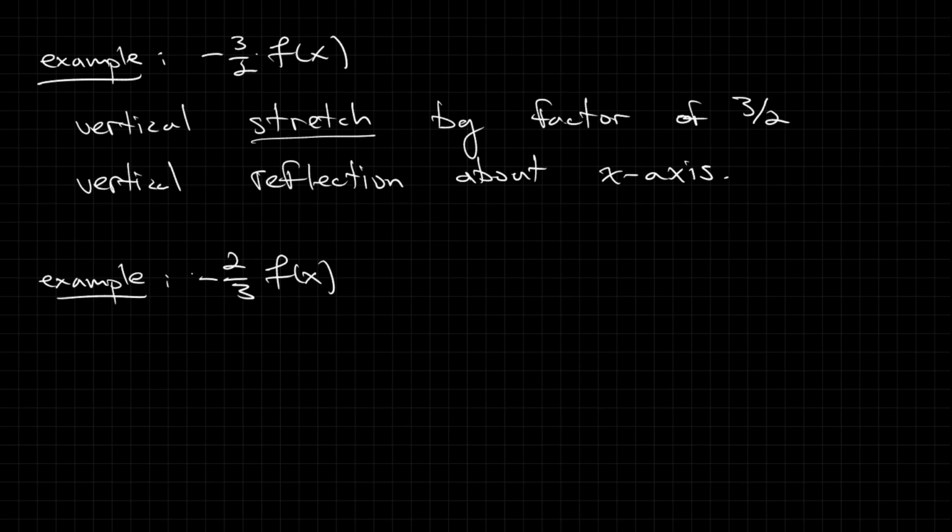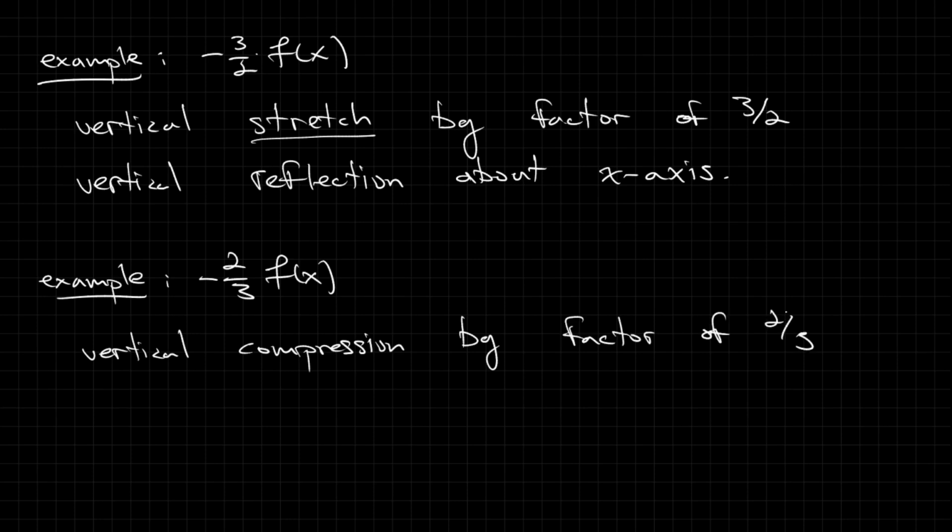And something very similar happens with -2/3 times f of x. You get a vertical compression by a factor of 2/3. And then you get a vertical reflection about the x-axis.